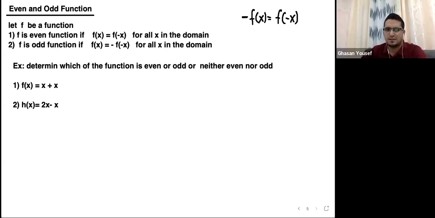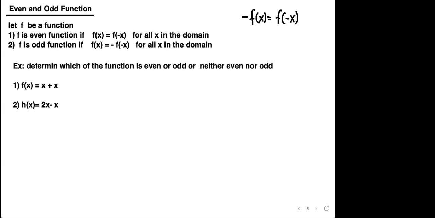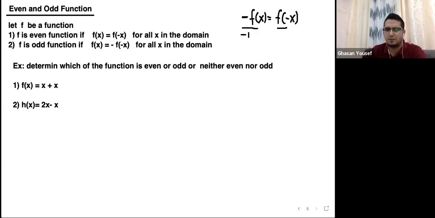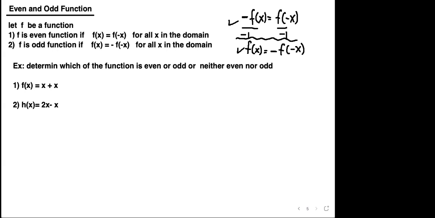But this is the same as this. Divide both sides by -1, and you get f of x equals f of minus x, sorry. So this and this are exactly the same. Okay, thank you. No problem.